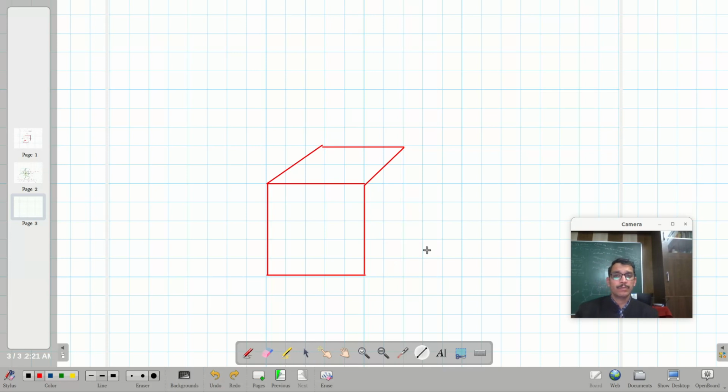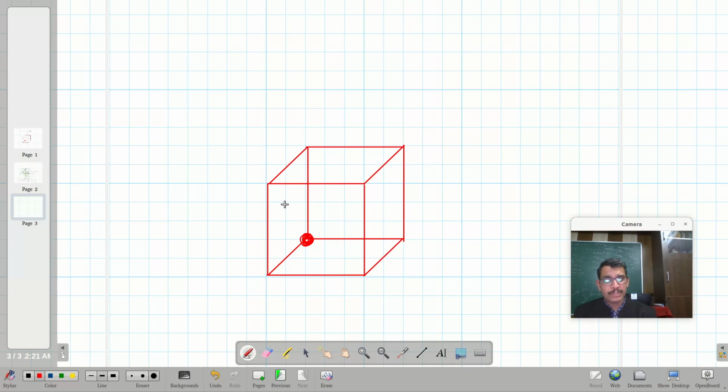Sorry, some problem with it. Let me replot it this way. So 1 atom is at the corner and other atoms are at the faces.